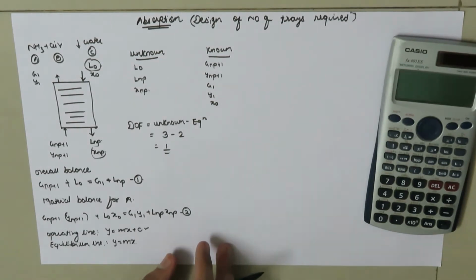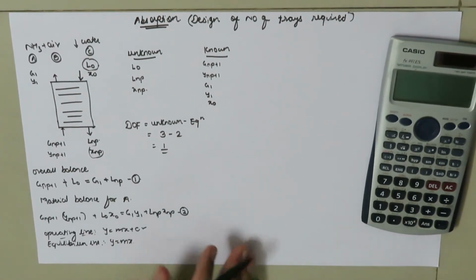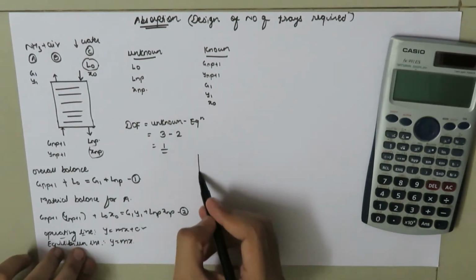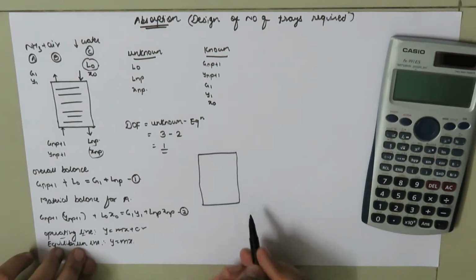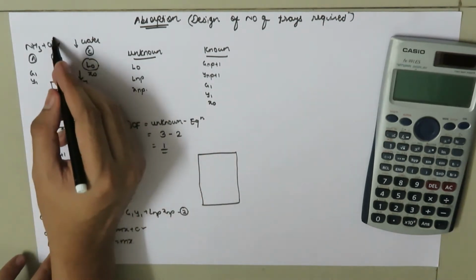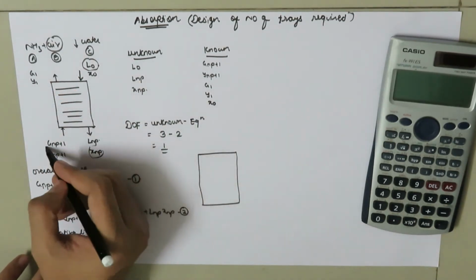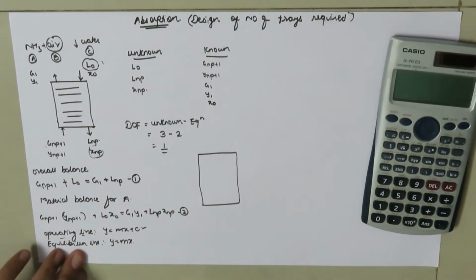In order to obtain an equation for the operating line, we take the balance for inert. If we draw the same absorption tower for inert, the mixture of ammonia and air has air as inert, and the pure water is considered as inert.